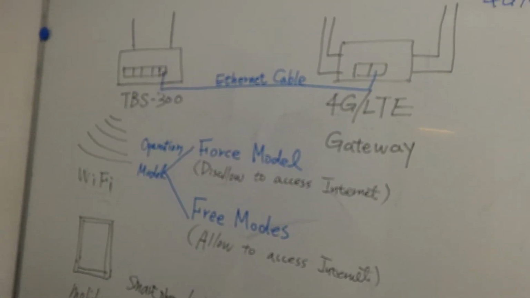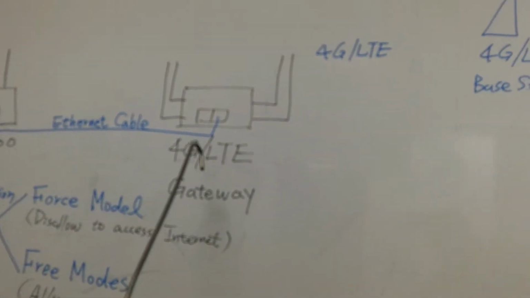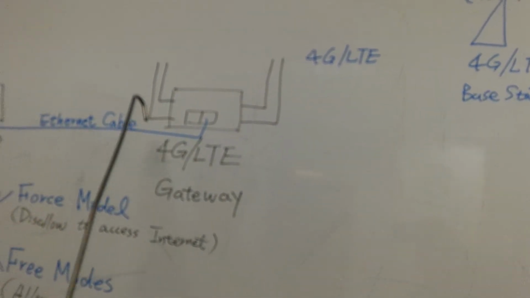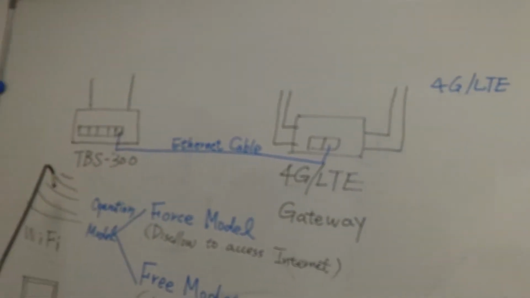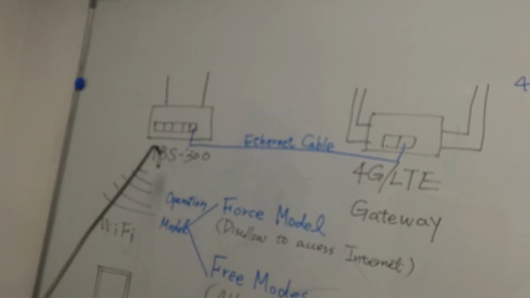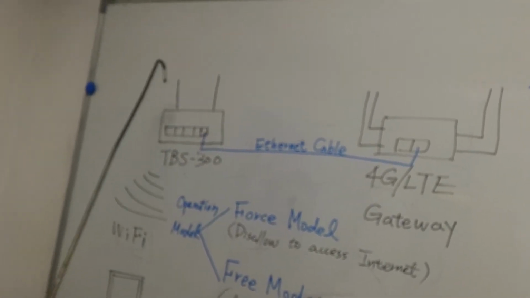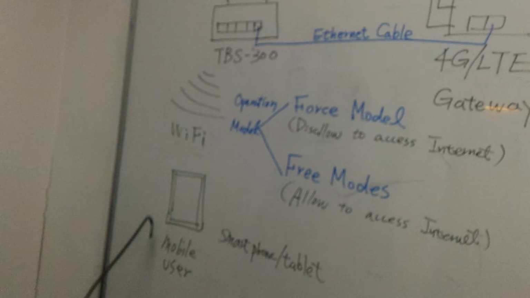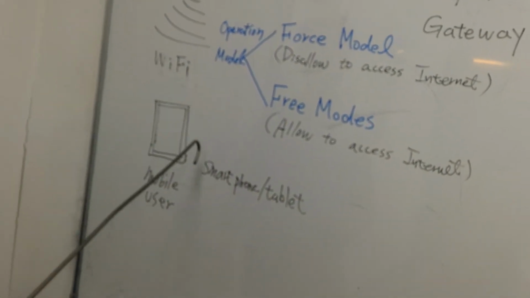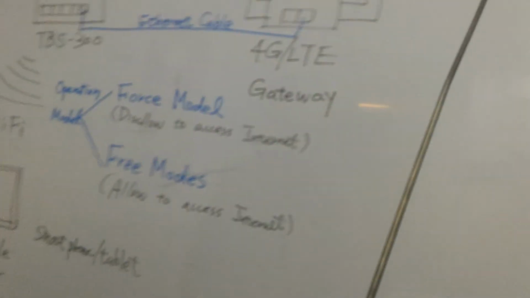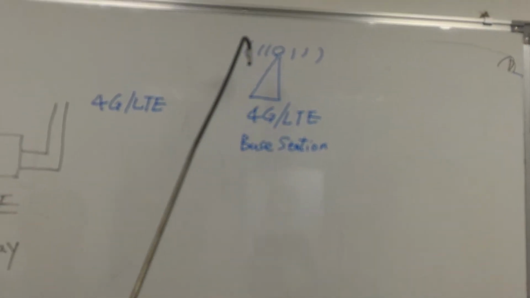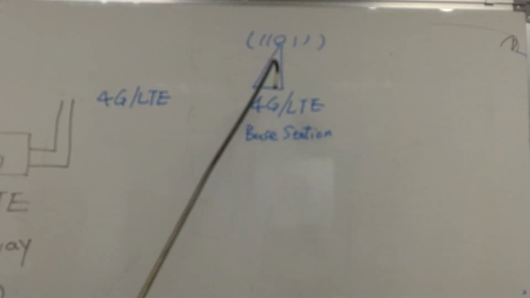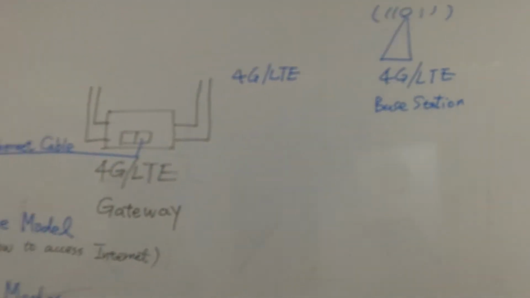First, this is the 4G LTE Gateway here, this is the TBS-300 Mini-OTT server, this is the iPad tablet, and this is the 4G LTE base station outside the office.